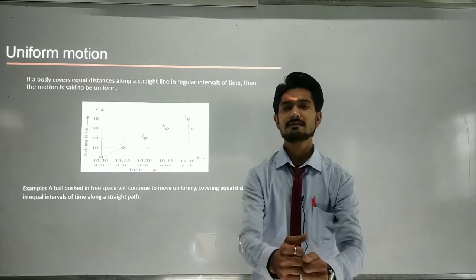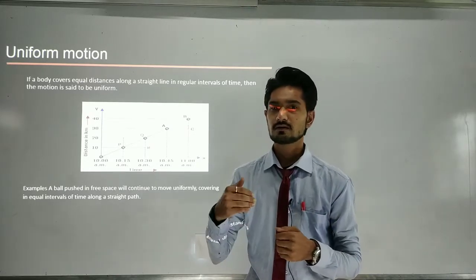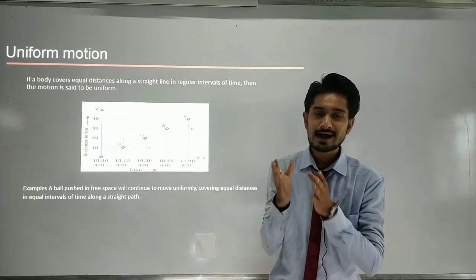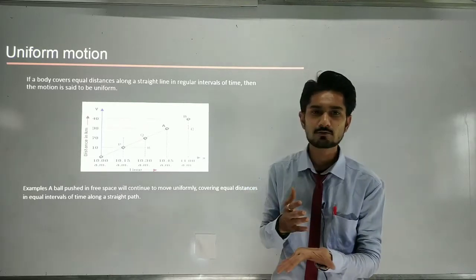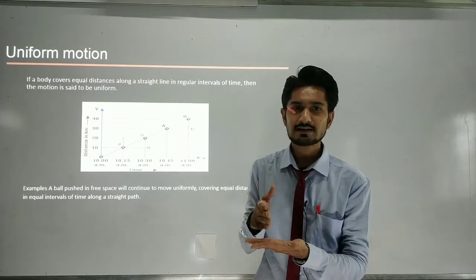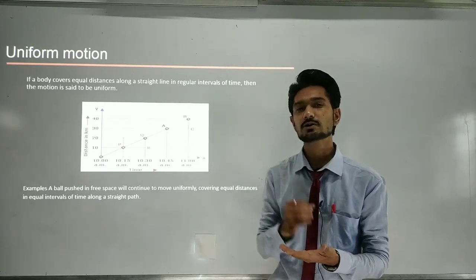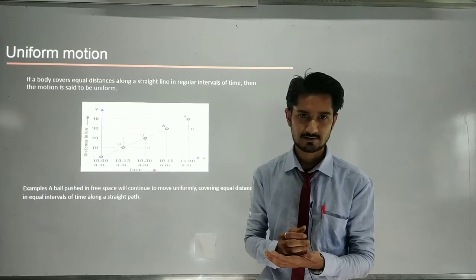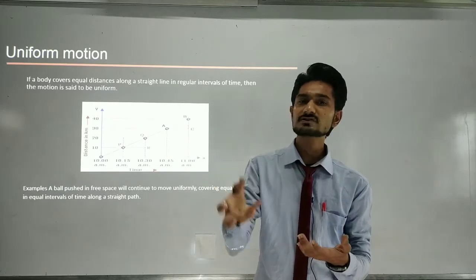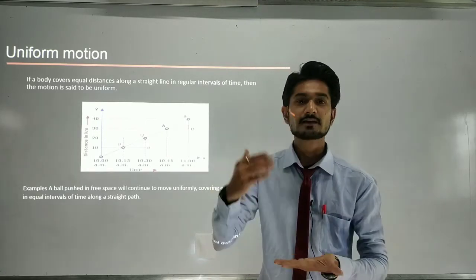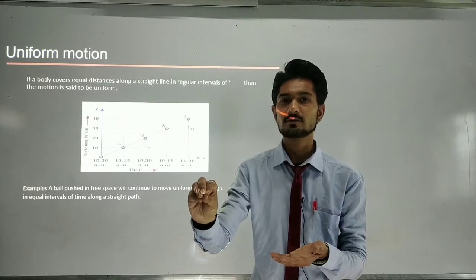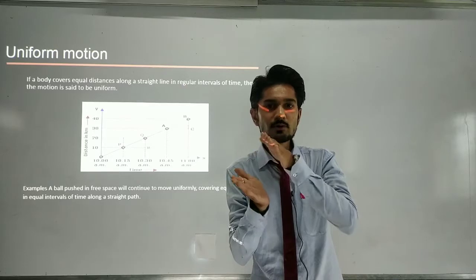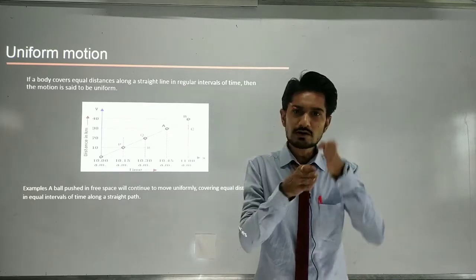Suppose I am a body and I am traveling across a path and covering equal distances. If I have covered 5 kilometers of distance in 5 minutes, and another 5 kilometers in another 5 minutes, and in another 5 kilometers also 5 minutes of time, then I have covered equal distances in equal time.